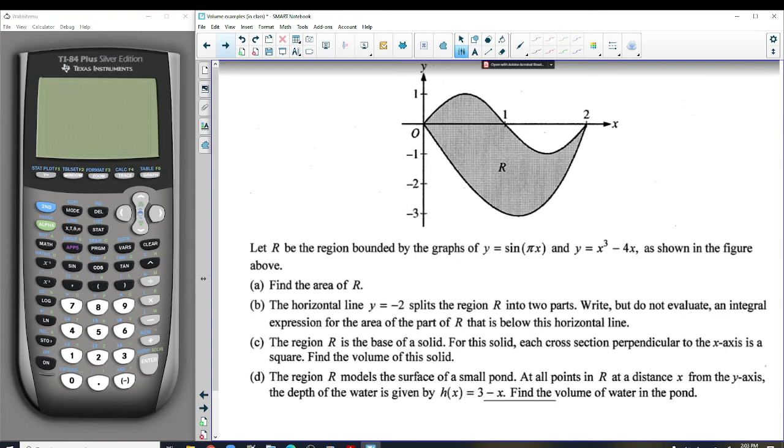This is a calculator problem, by the way. Lots of decimal answers. Don't integrate by hand.